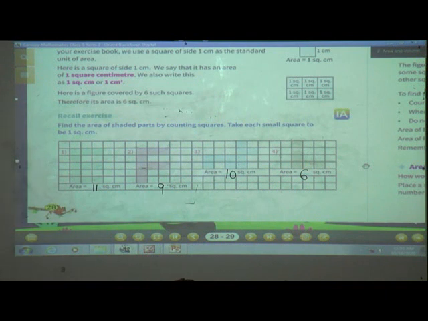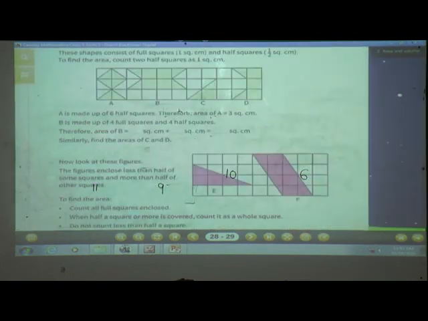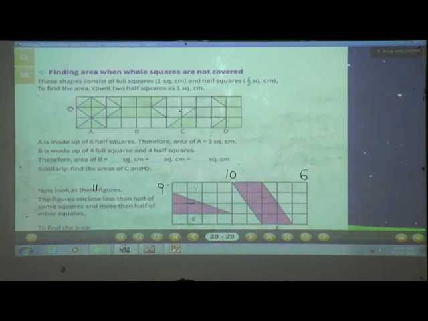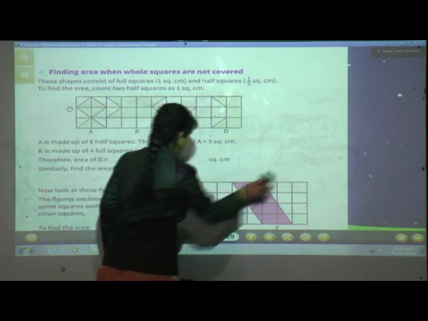So students, we'll see our next point, finding area when whole squares are not covered. Here on page number 29. How to find an area when whole squares are not covered? See, here is one figure.